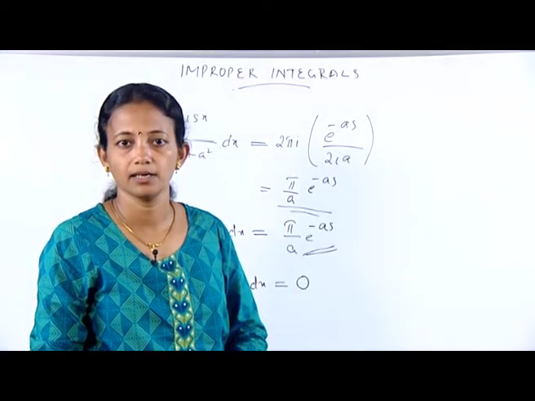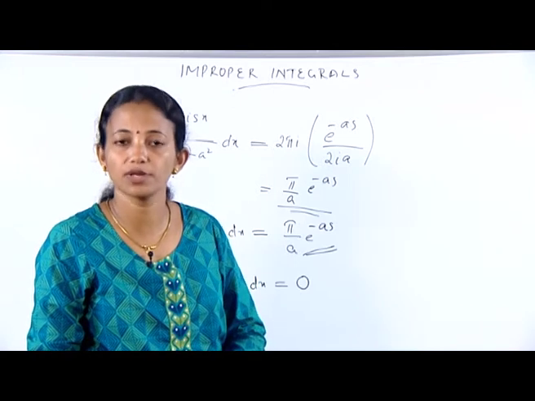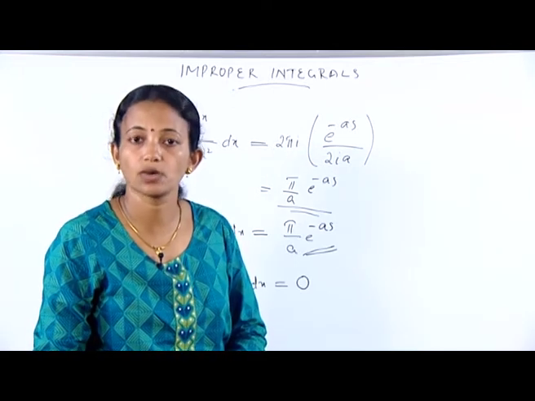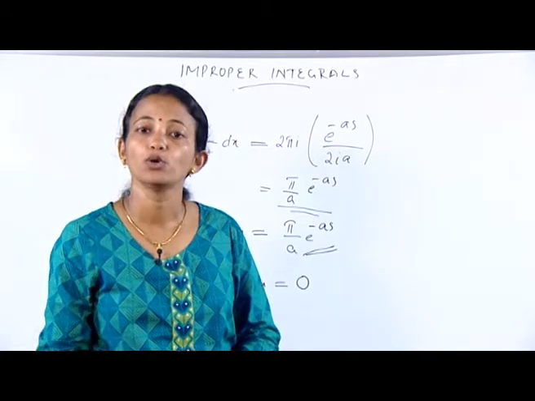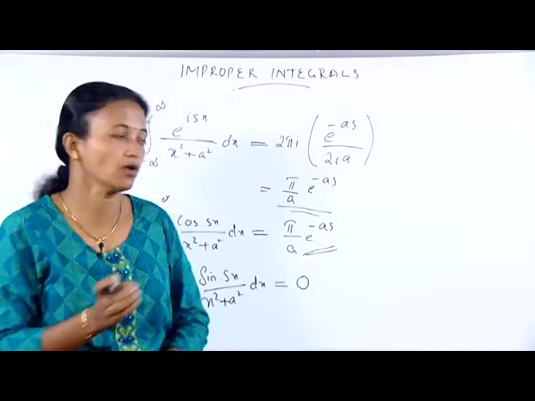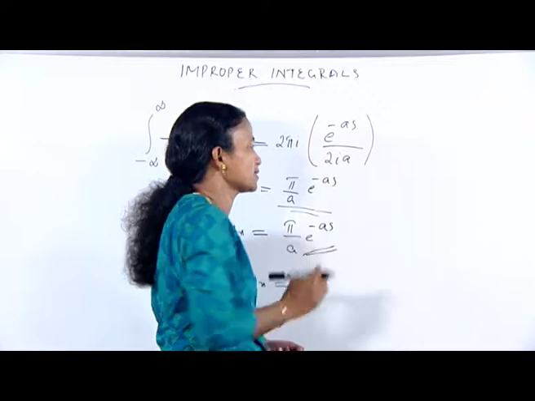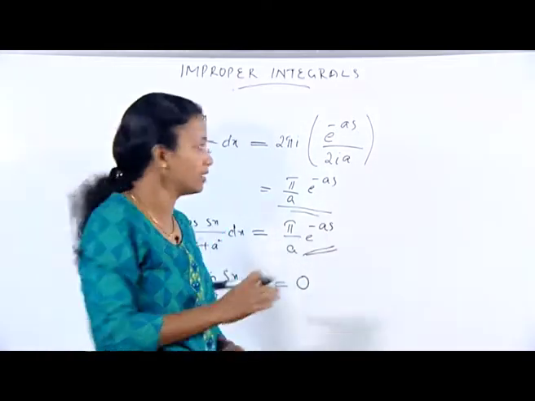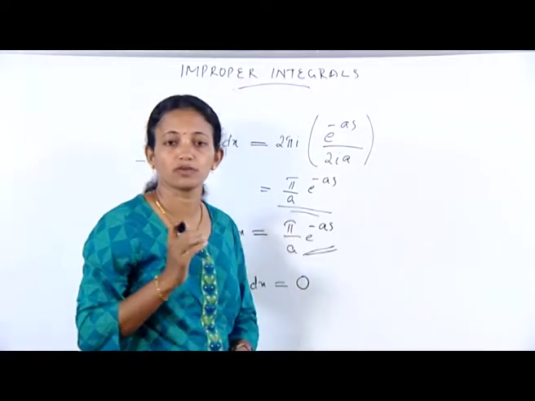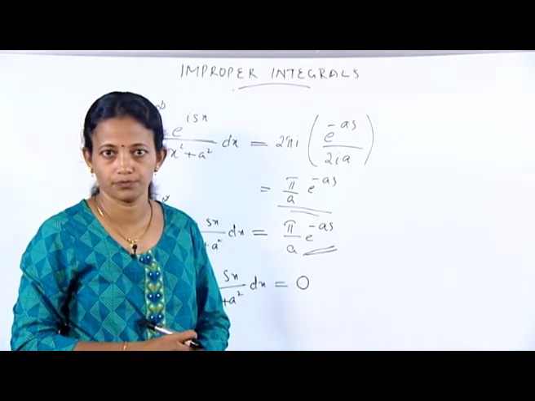And similarly, integral minus infinity to infinity sin s x by x square plus a square dx is equal to 2 pi into real part of e raised to minus a s by 2 i a. Here we do not have any real part, so the value is equal to 0.